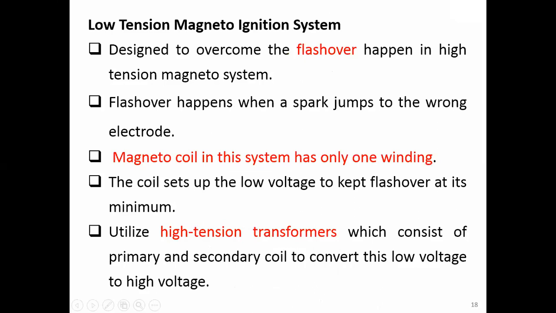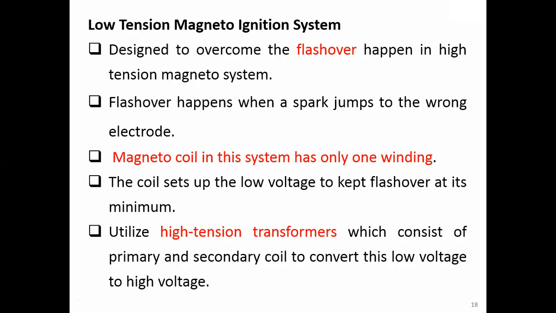But for the low voltage magneto ignition system, we will try to avoid having high voltage go to the distributor, because we want to overcome the flashover that might happen in the high tension magneto.